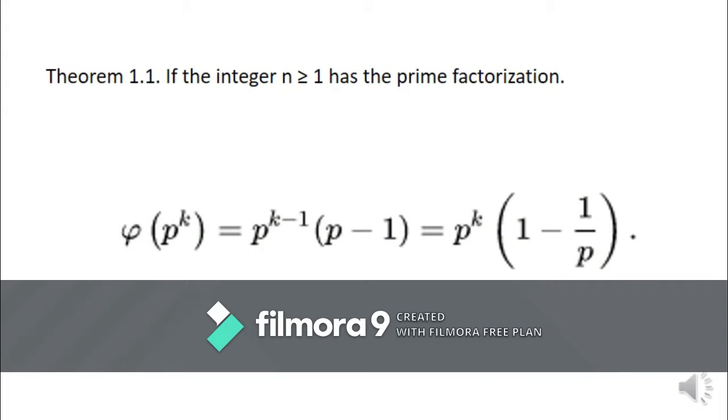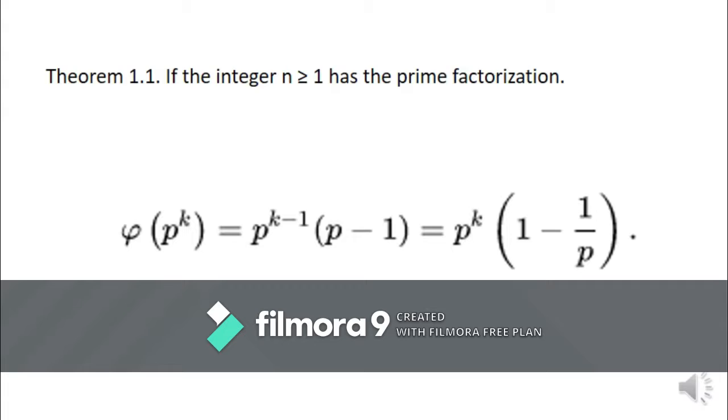Theorem 1.5. If the integer n greater than or equal to 1 has a prime factorization, then you have to use the base formula p raised to k multiplied by 1 minus 1 over p, where your p here is a prime number that is raised to any positive number.